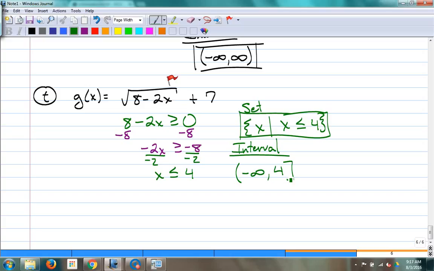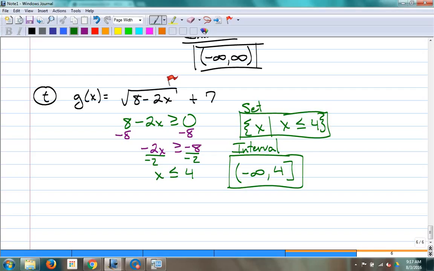Good job. Absolutely. And there's your interval notation. Don't get any numbers above that because it's all the x values that are less than or equal to 4. Okay. And again, don't shy away. If you need to draw that number line for this inequality, the graph of that, you get it, Trevor?